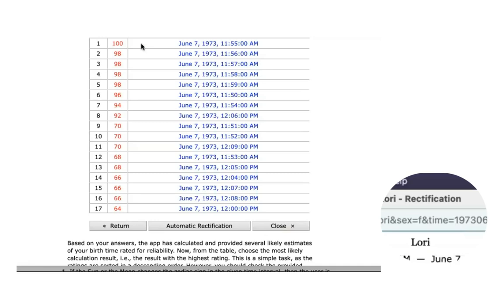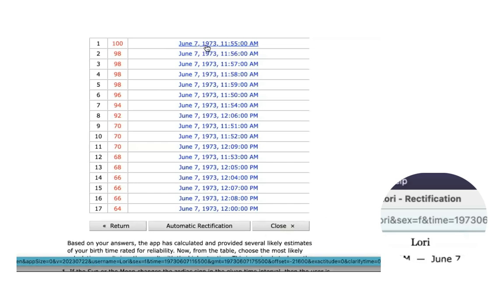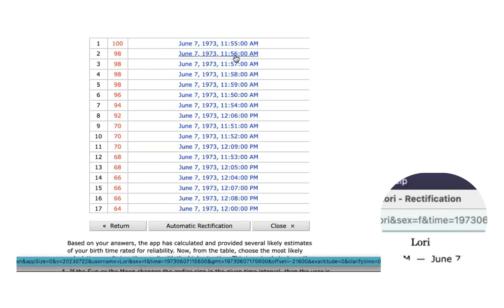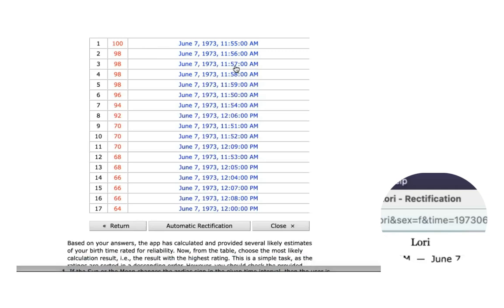Now, here's what we've got. Look at this. We have a 100% chance that this girl was born June 7th, 1973 at 11:55 a.m. A 98% match for her to be born at 11:56. Also 98, 11:57, 11:58, 11:59.